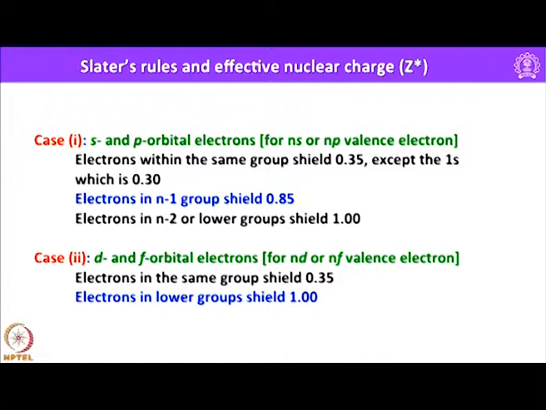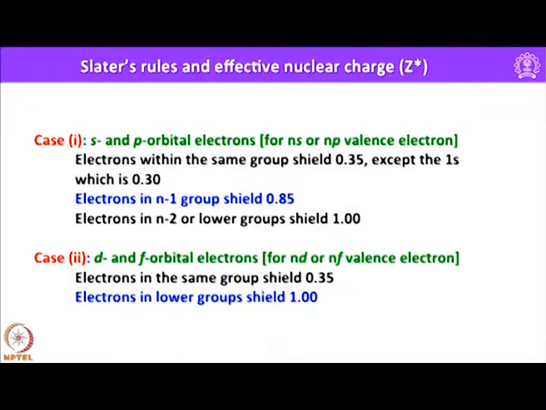In case 2, we are determining the screening constant for d and f electrons. So, here electrons in the same group shield to an extent of 0.35. This is very similar to what we mentioned for s and p, and electrons in lower groups shield to an extent of 1. So, that is the difference between s and p and d and f.